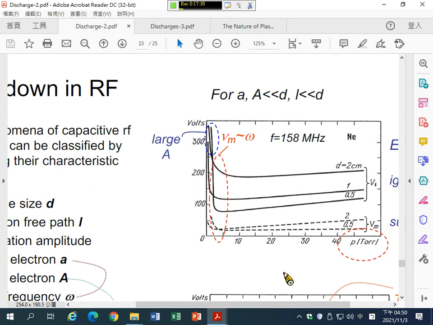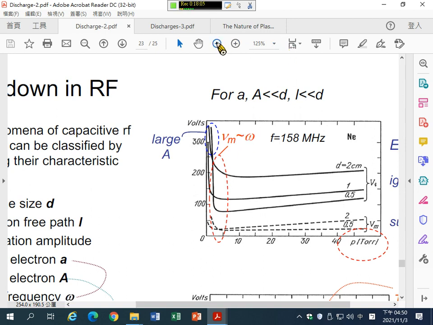So it is always close to 1 torr or less than 1 torr in a PECVD system. And in a sputtering system, the pressure is very low, so the voltage required to generate plasma should be very high. From this figure, you can see that.